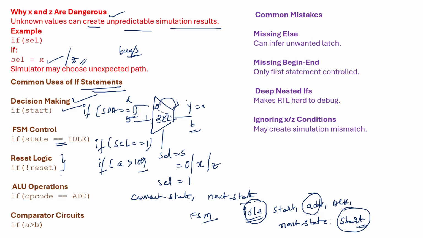In most cases we use reset logic. That means if my reset is not asserted, this is an active low reset. In this active low reset condition, if you give the value 0, then my condition is true.